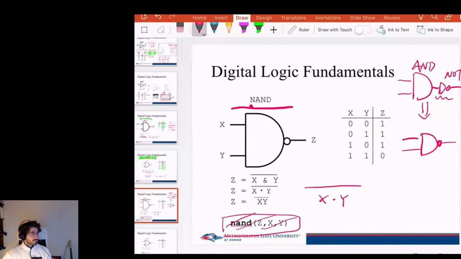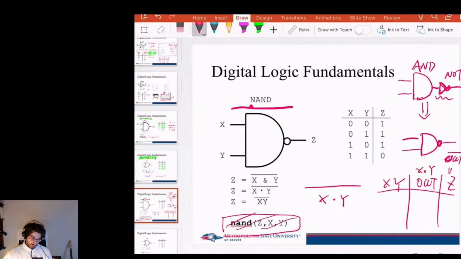Then we could list the truth table. If you understand the AND logic and the NOT logic, then you should be able to list the truth table. Suppose I have the intermediate output listed here, and Z is the NOT of the intermediate output. The intermediate output is the X times Y, the AND of XY.